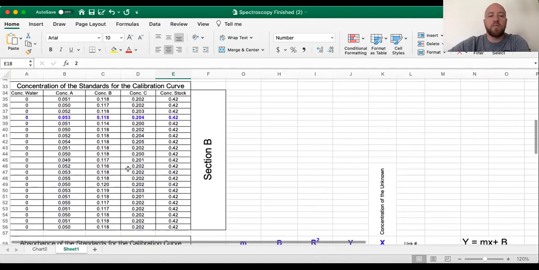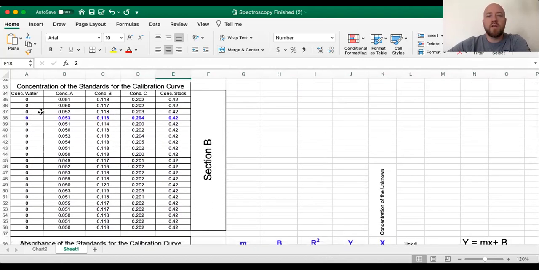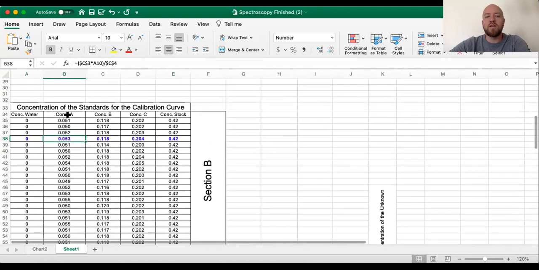Okay, section B. So these are the concentrations for the calibration curve. So in the physical properties lab, we did 10%, 20%, 25%, 30%, 40%, 50%. Okay, here we are assigning actual concentration values to those. So the water is obviously 0. Okay, concentration of A, so this is a dilution value.